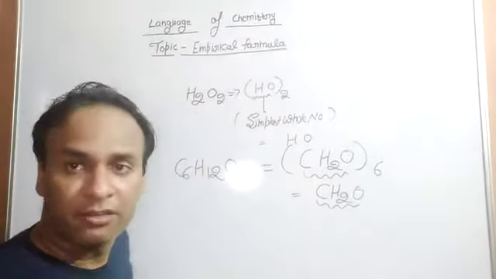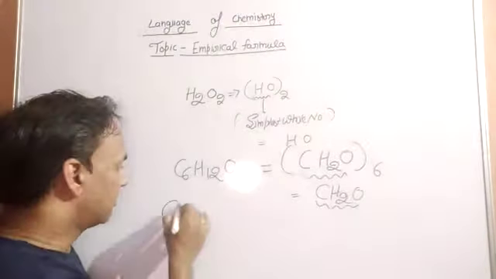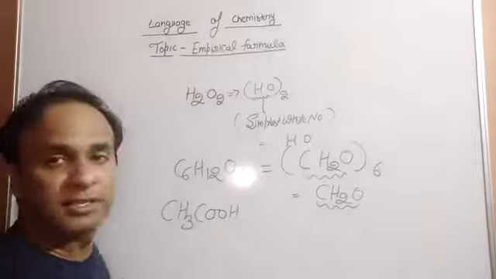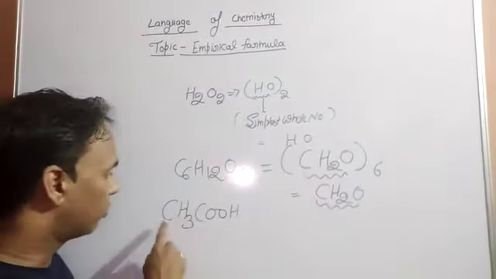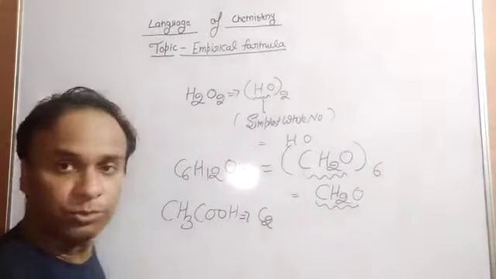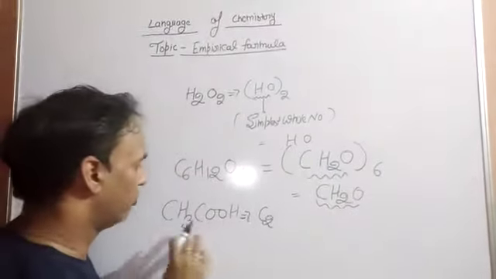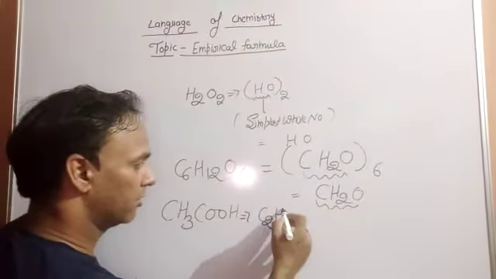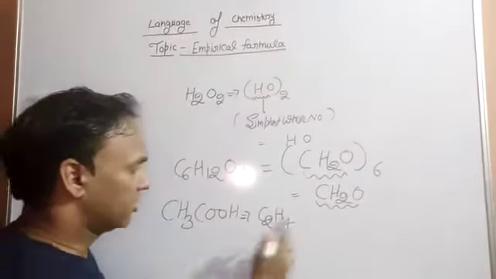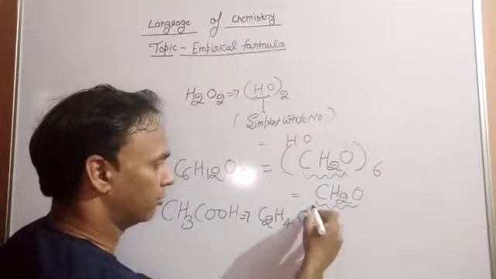In the same manner, when we talk about acetic acid, CH3COOH, the number of carbon atoms is 2, hydrogen atoms 4, and oxygen atoms 2.